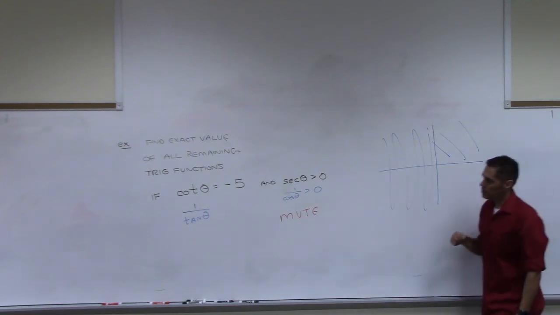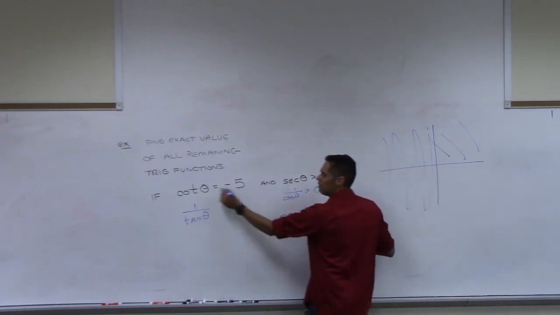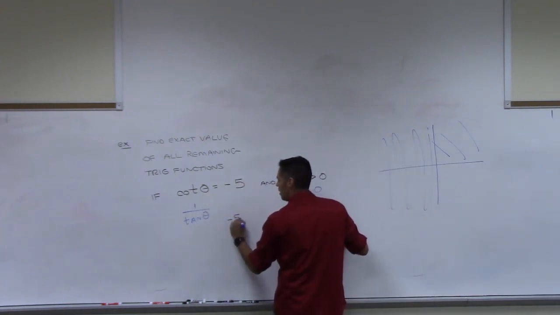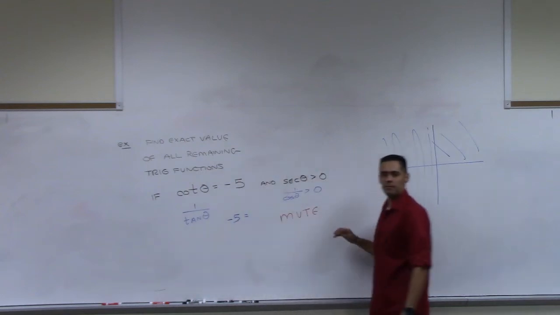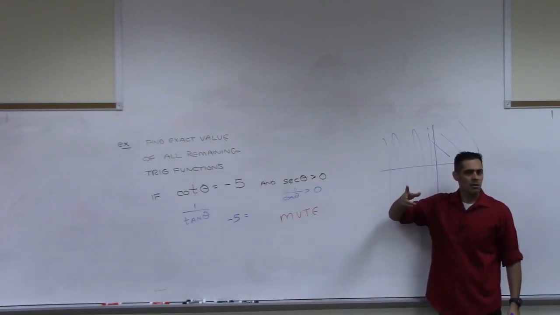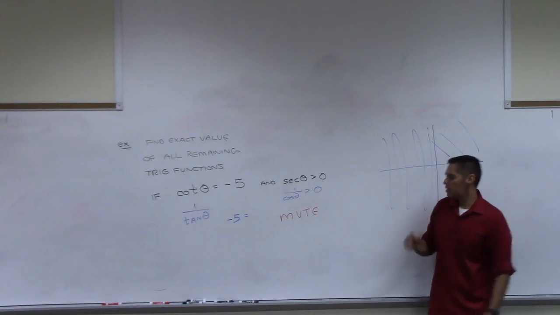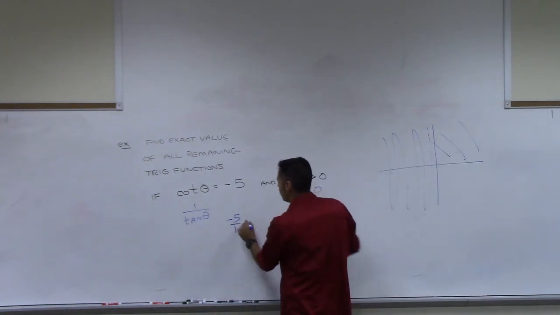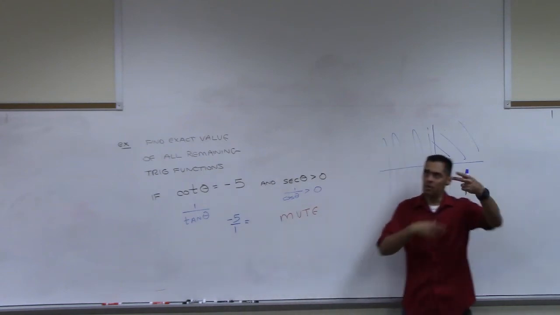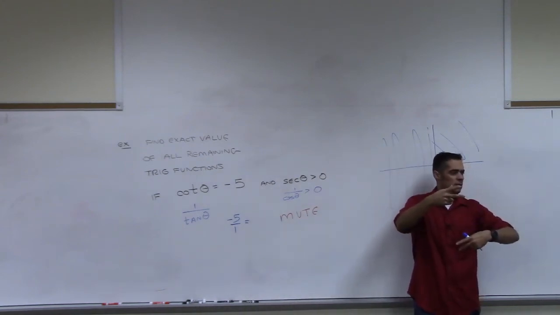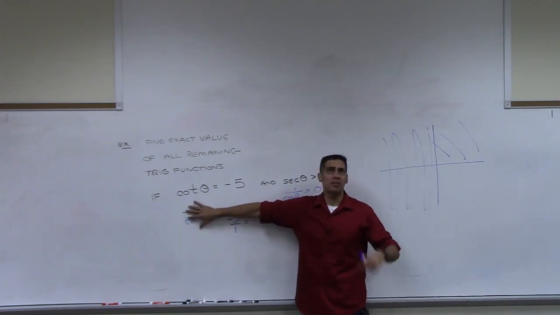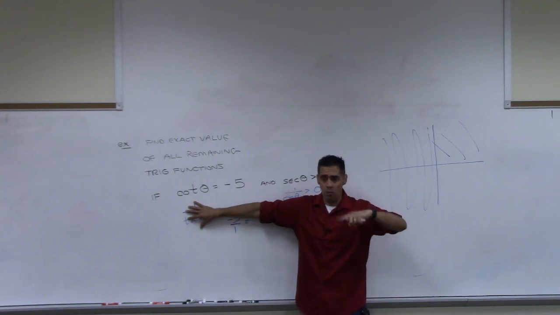Now, by definition of cotangent, negative 5 is equal to what over what? I can write it as a fraction, but in terms of x and y, what is it? Is it x over y or y over x? Tangent is y over x, right? So cotangent is x over y.